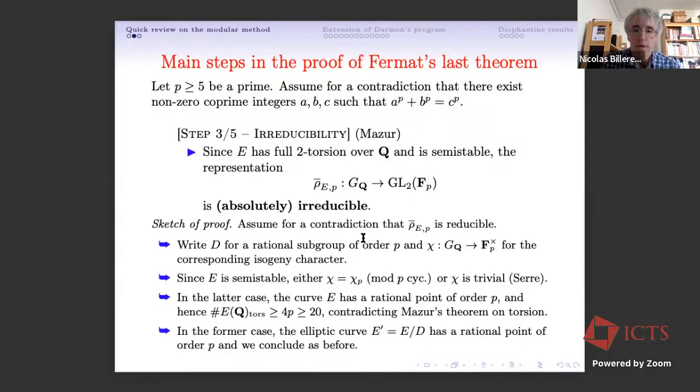So using the semi-stability of the curve that we have discussed before, it turns out that the isogeny character will be either the cyclotomic mod P character, chi P, or it will be trivial. That follows from Serre's study of local representations attached to elliptic curves from the early 70s.